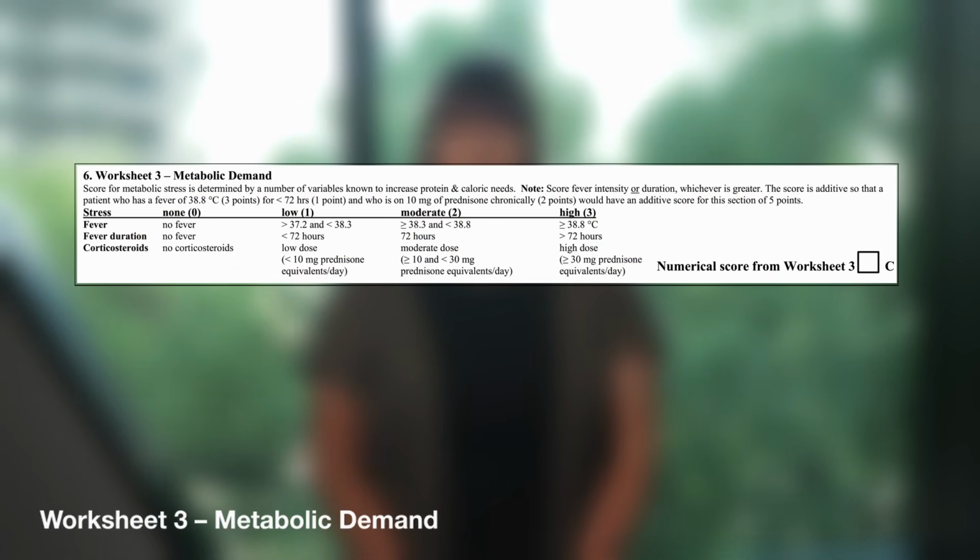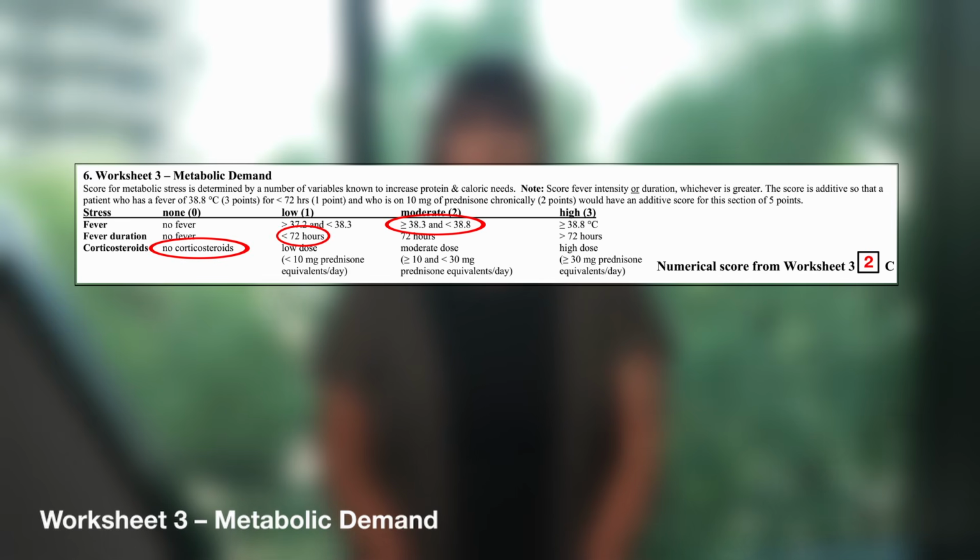Worksheet 3 assesses metabolic stress, such as fever and corticosteroid use. These variables can have a significant impact on nutritional status and are often overlooked as catabolic stress. This is important when considering increased protein requirements, as well as increased lean tissue or muscle catabolism.